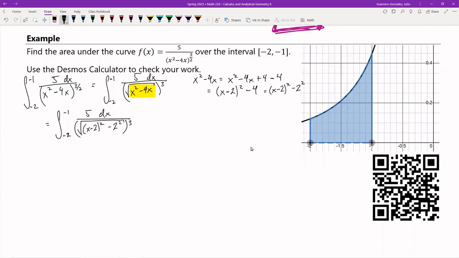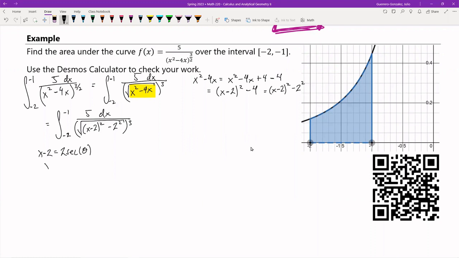So now hopefully you guys see what we need to do here. This substitution is a little bit confusing, but if you look at what's going to happen from this point on, it works out. The idea here is this: I'm going to let x minus 2 be equal to 2 secant theta.